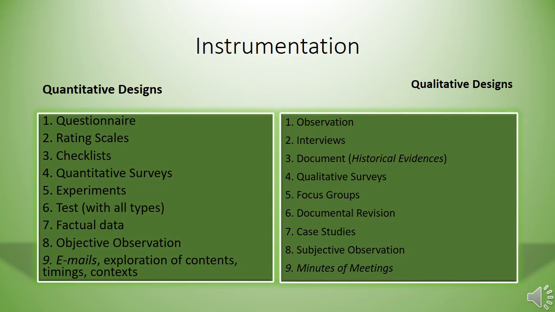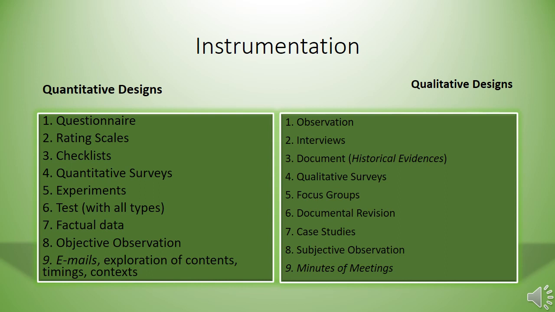Well, let's look towards the instrumentation that we use in quantitative and qualitative designs. In quantitative designs, we may go for questionnaires, opinionaires, rating scales, checklists, quantitative surveys. We can go for experiments and pre and post test.